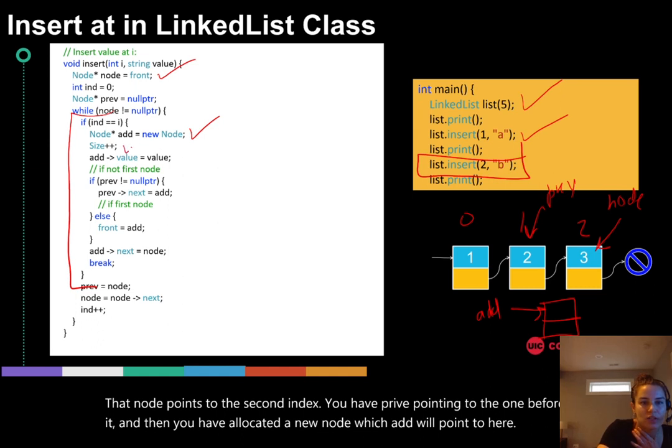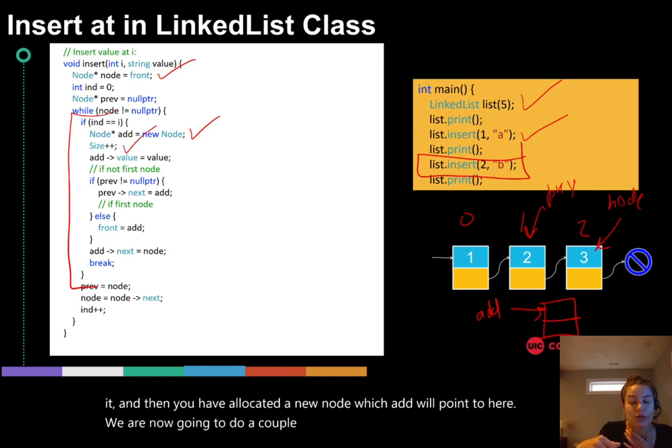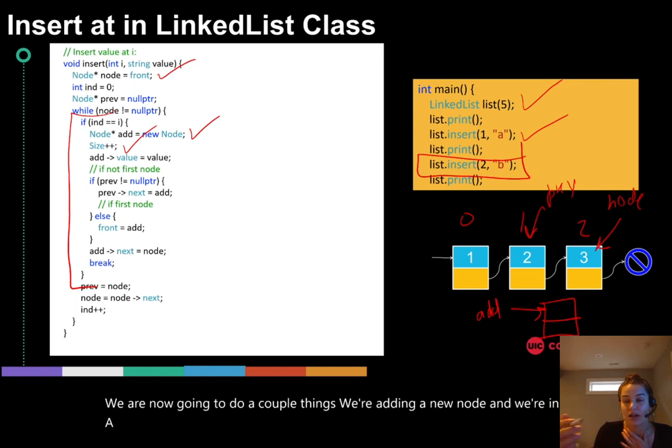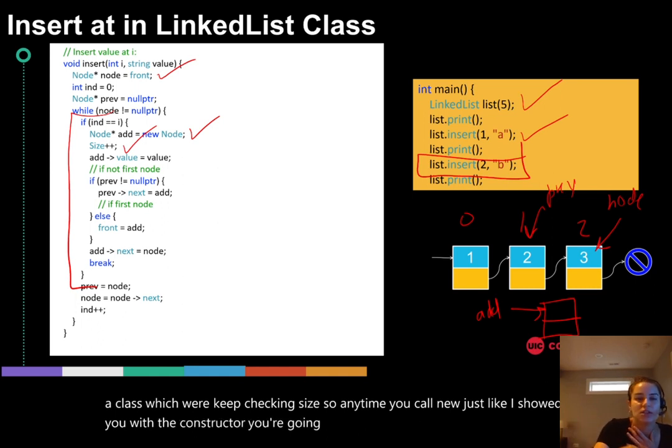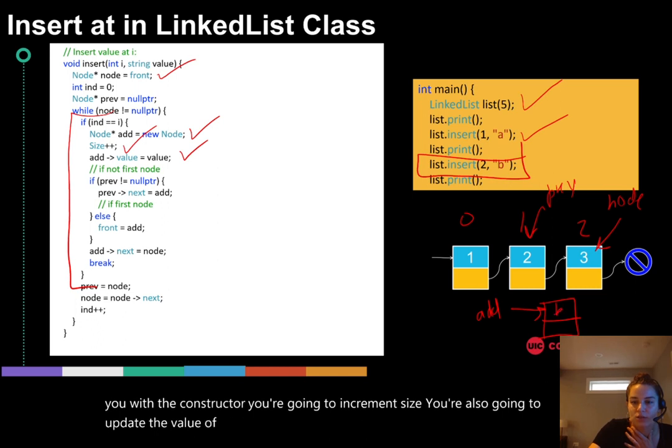We are now going to do a couple things. We're adding a new node and we're in a class, which keeps track of size. So anytime you call new, just like I showed you with the constructor, you're going to increment size. You're also going to update the value of that node that you just created, which is going to be B in this case.